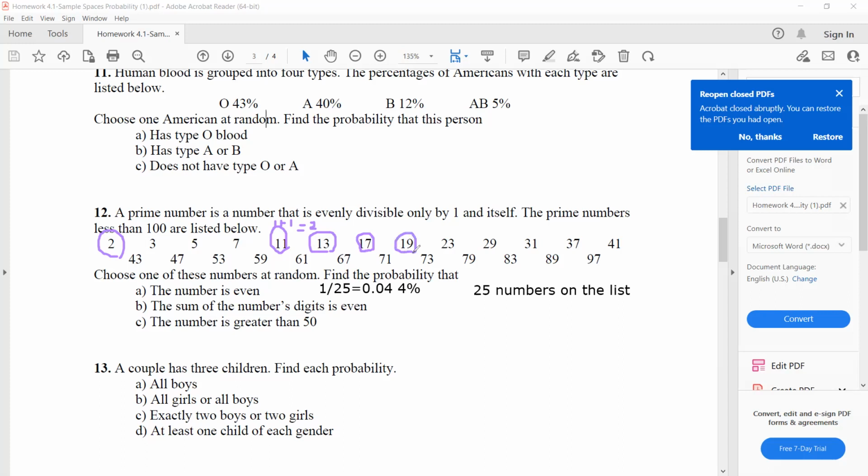If we go to 23, what's the sum of those digits? 5. So we don't count this one because that's an odd sum, okay?